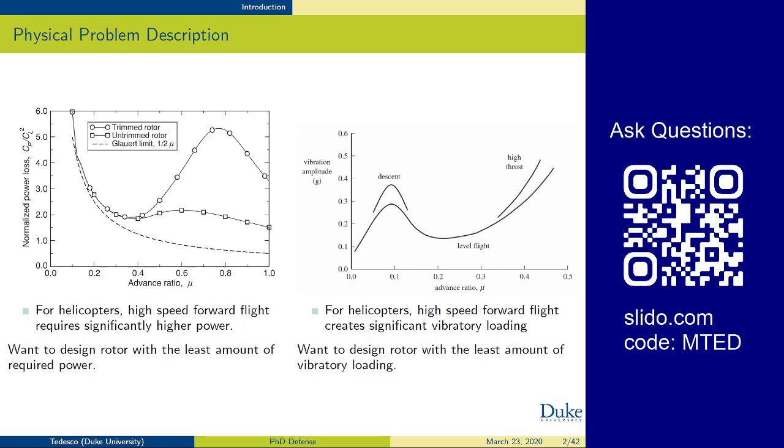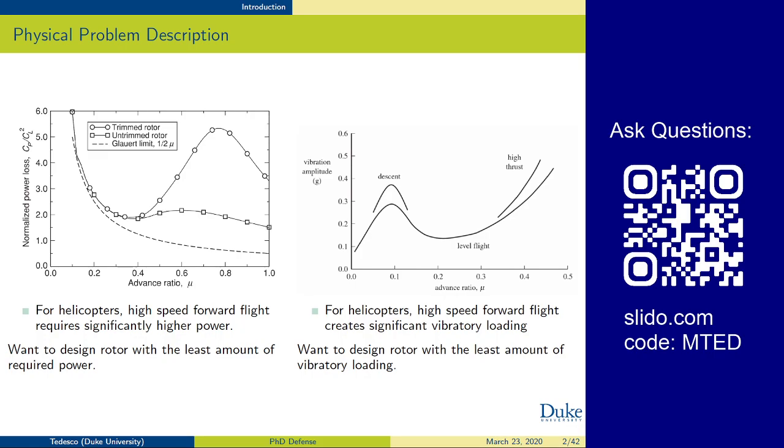So we have two plots on this chart here. Both are showing on the x-axis advance ratio, which is effectively forward flight speed. On the left plot, we have normalized induced power, which is just the induced power coefficient divided by the lift coefficient squared, on the y-axis. And we have three curves. One is the Glauert limit, which is effectively the absolute lowest that you can get for basically any flying vehicle.